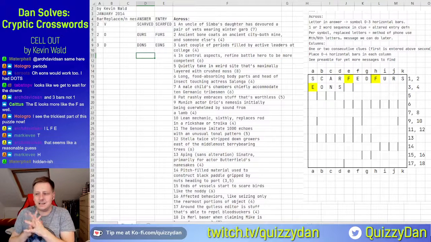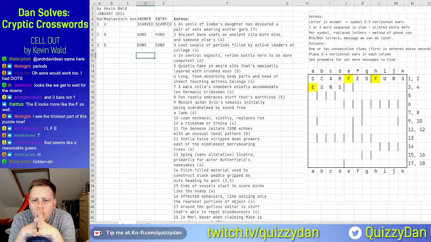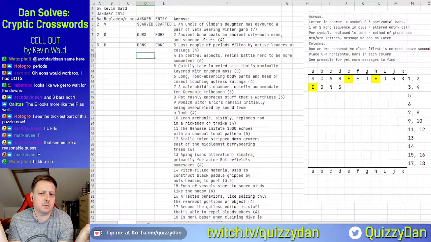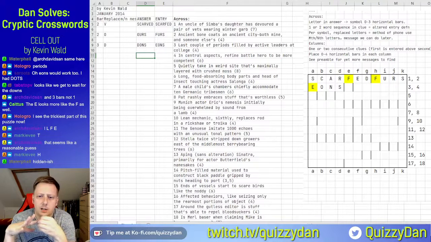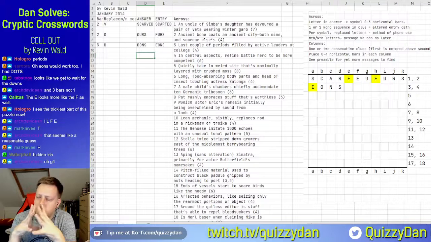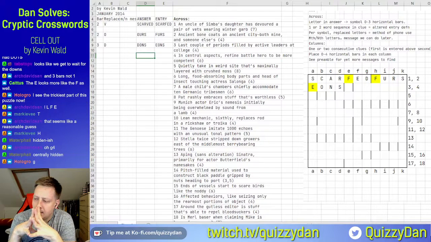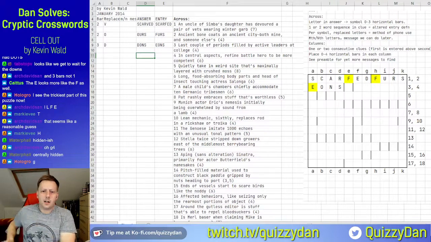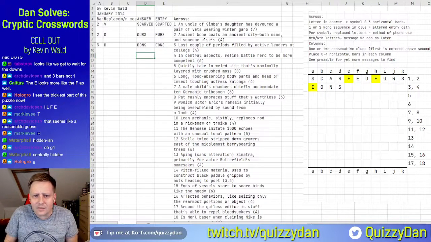Hint, please. Hint, please. To be more competent must be the definition. It feels like that must be the definition. A battle hero? Is that going to be Jason or centrally hidden? So, is it the middle letters of these things?